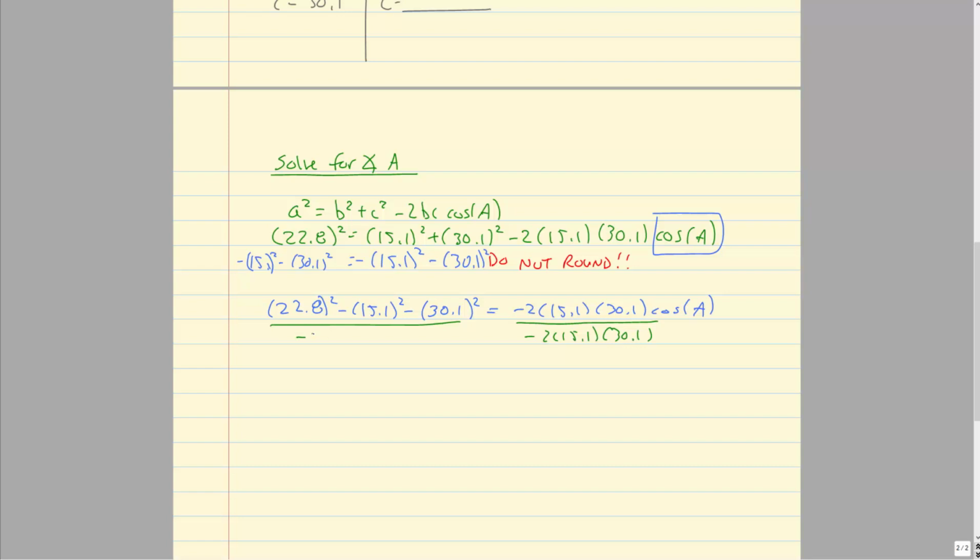And again, I'm not finding any decimal approximations. If you want to, you can, but again, that might throw off your final solution. So I think it's better just to leave it out in full form right now.